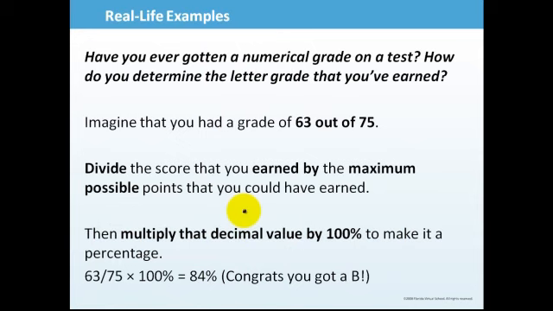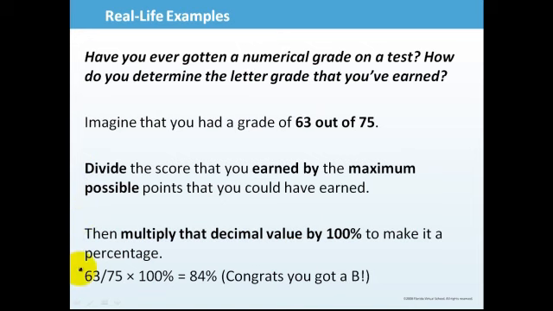All right, so let's first talk about some real life examples of percents being used. Many of us have gotten graded papers back, and it's not always out of 100, so we have to figure out what letter grade we have. Let's say for an example, you get 63 out of 75. We take the 63, the points we earned, divide it by the total points possible, which was 75, and then to make it a percentage, we multiply by 100%.